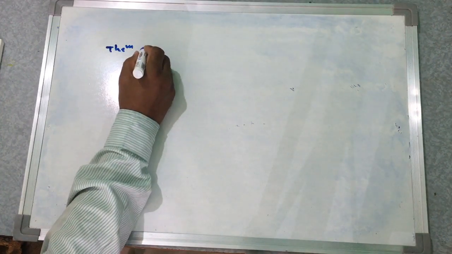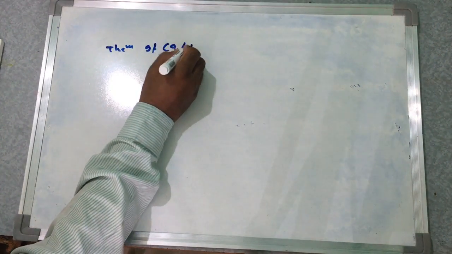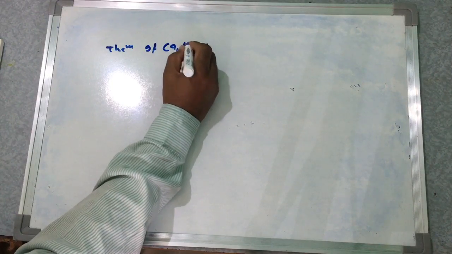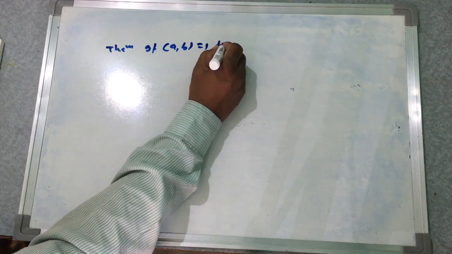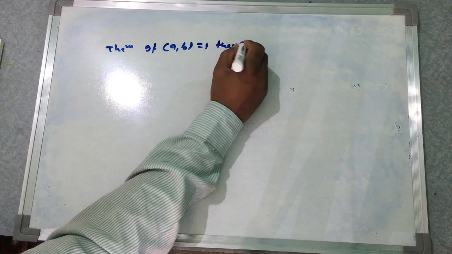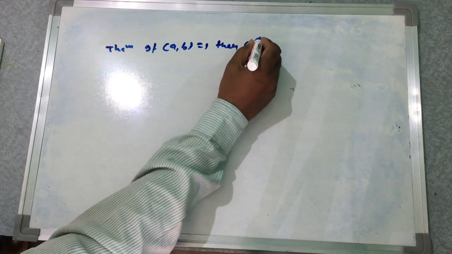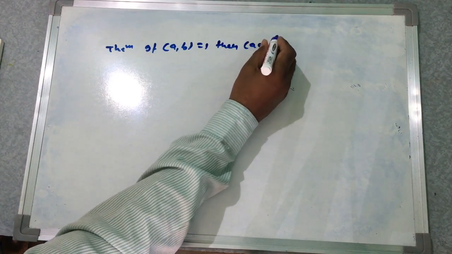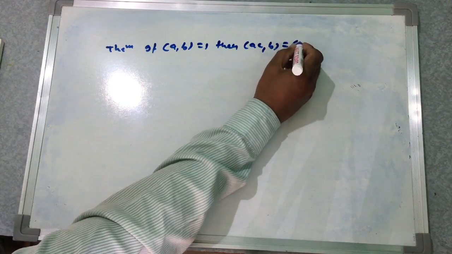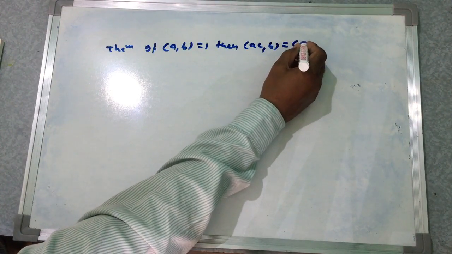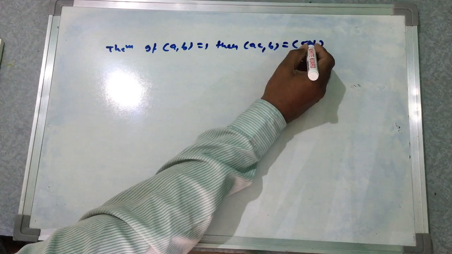Theorem: if (a, b) is 1, then (ac, b), here (c, b).